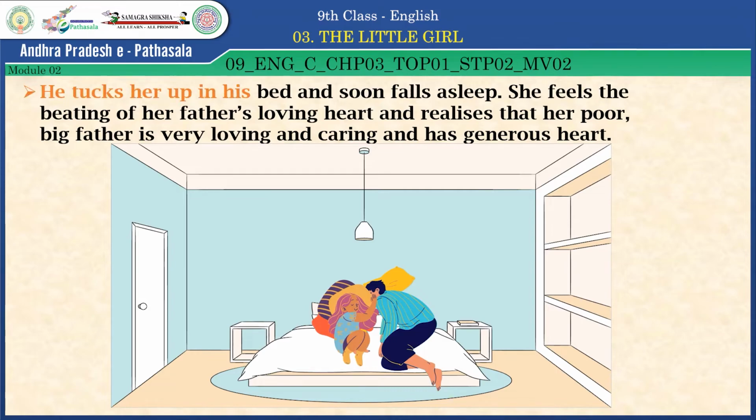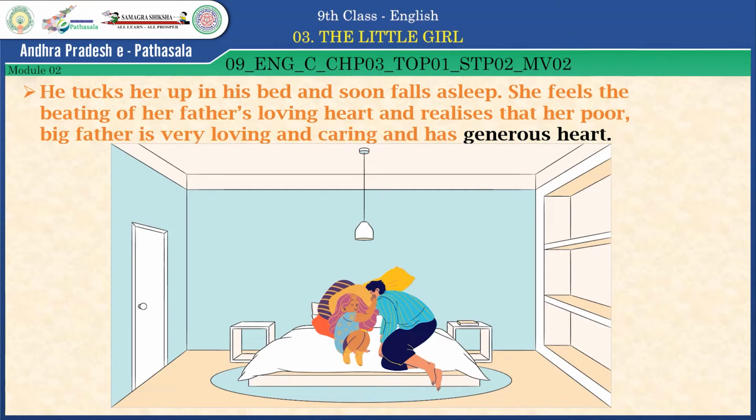He tucks her up in his bed and soon falls asleep. She feels the beating of her father's loving heart and realizes that her poor big father is very loving and caring and has a generous heart.